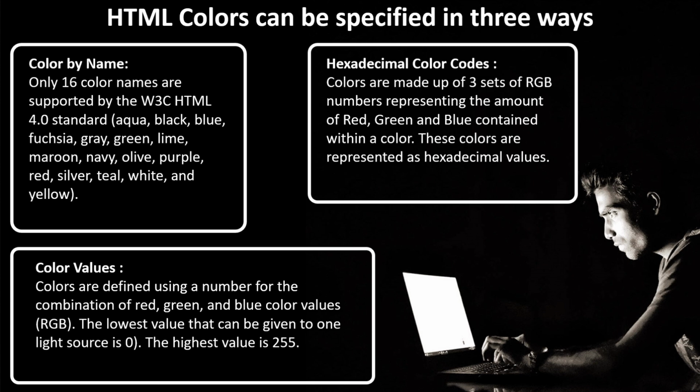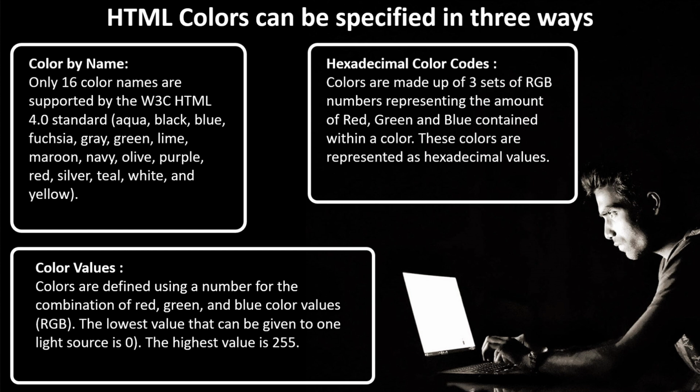Hexadecimal colors are made of a set of RGB numbers, which we'll see in CSS, representing the amount of red, green, and blue contained within a color. These colors are represented as hexadecimal values.